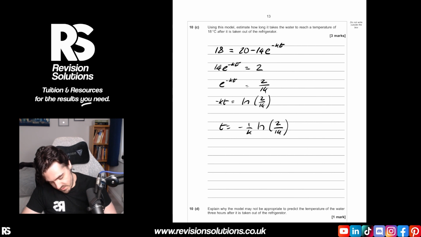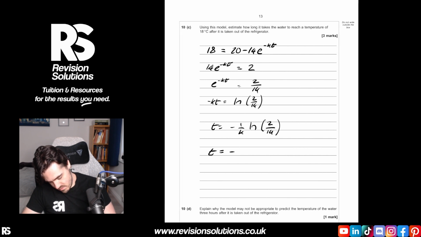So t would be minus 1 over my answer that I got earlier times the natural log of 2 over 14. And that gives me 34.77. I'm going to round to three significant figures as it hasn't told me otherwise. So that would be 34.8 to three significant figures.